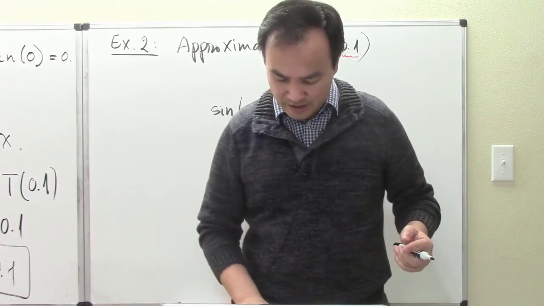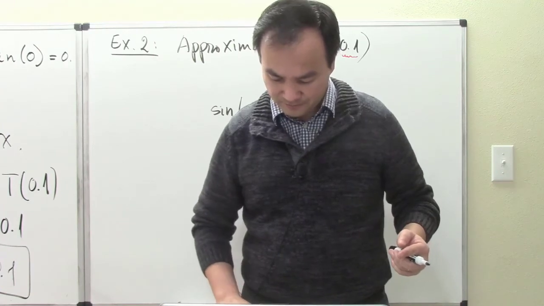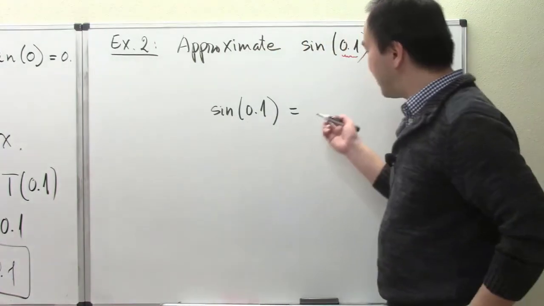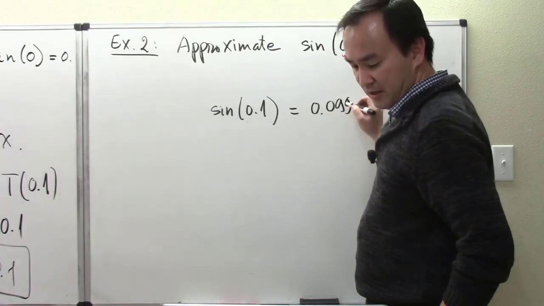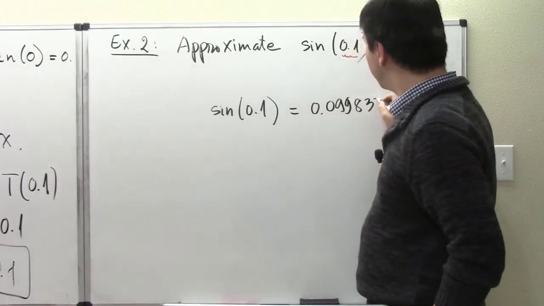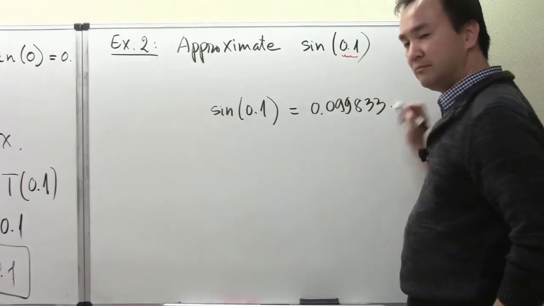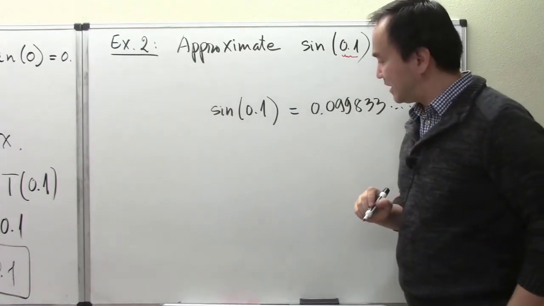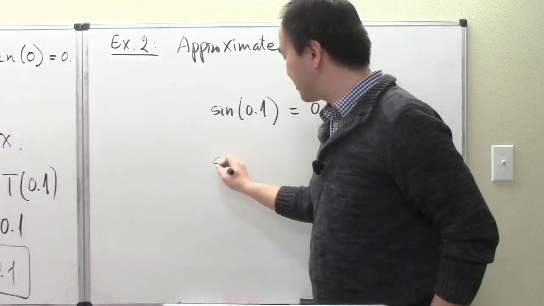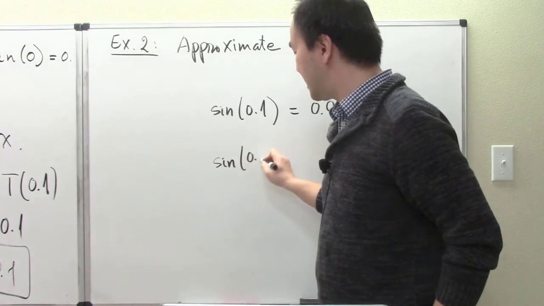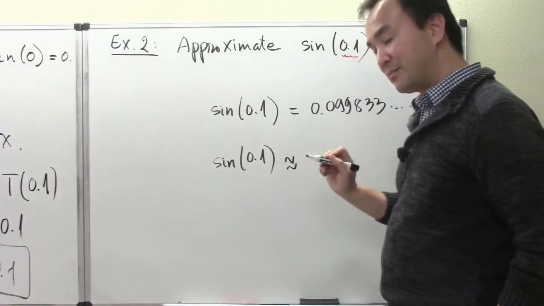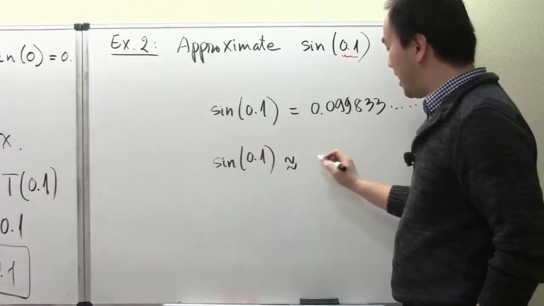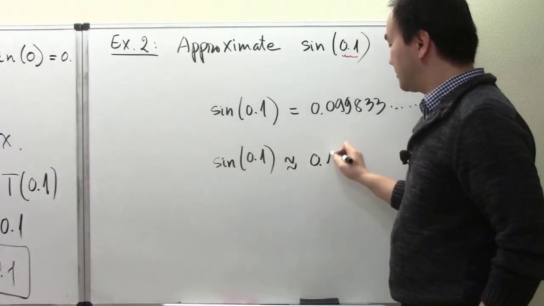Okay, and so now, in radians, sine of 0.1. My calculation came out to be 0.099833 and a lot longer. Okay, and look at our approximation. Using the linearization, the linear approximation we've had, sine of 0.1 is approximately 0.1.